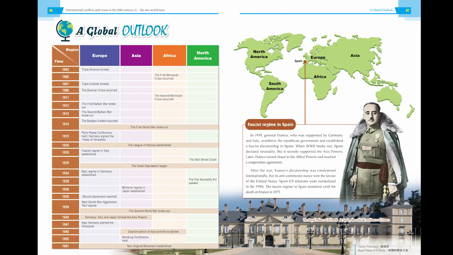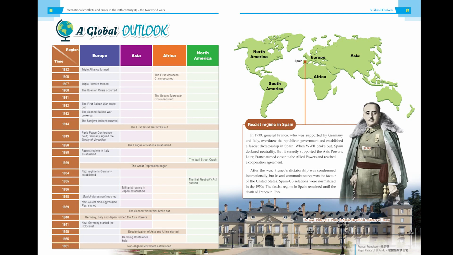The Bosnian crisis occurred. 1911. The second Moroccan crisis occurred. 1912. The First Balkan War broke out. 1913. The Second Balkan War broke out. 1914. The Sarajevo incident occurred. And the First World War broke out.